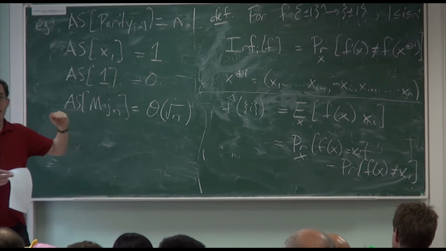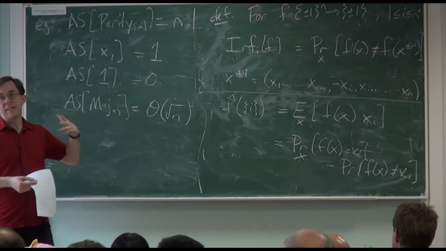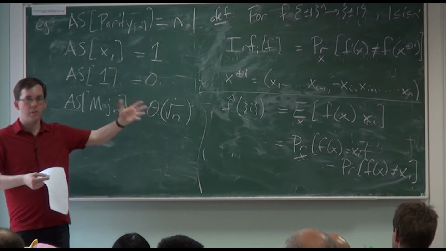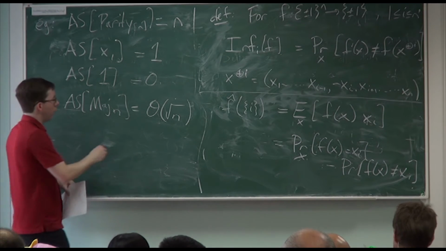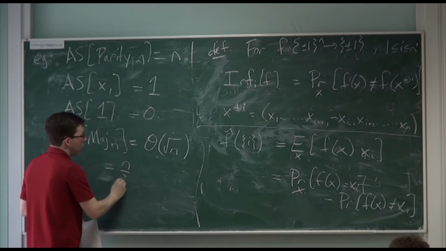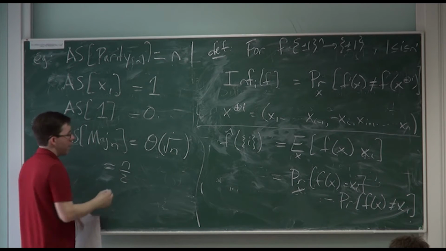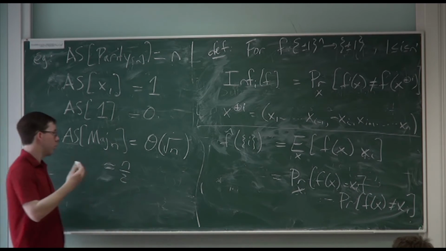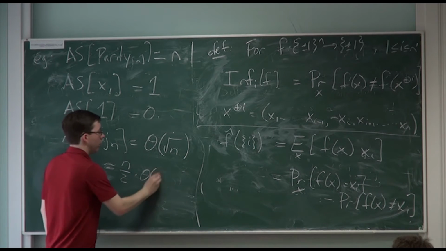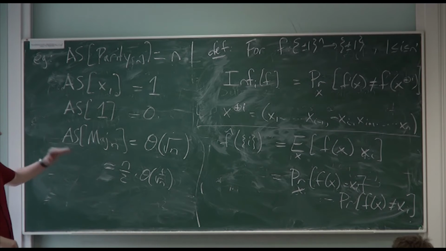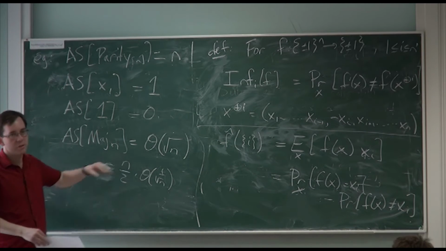In that case, the sensitivity is very large, about half of the bits you can change in order to flip the majority's value. So this is like n over 2 or so times the probability that a random string will be right on the boundary, which again we know is proportional to theta 1 over root n. So I sort of said the same heuristic calculation a couple of different ways, but that's the answer.